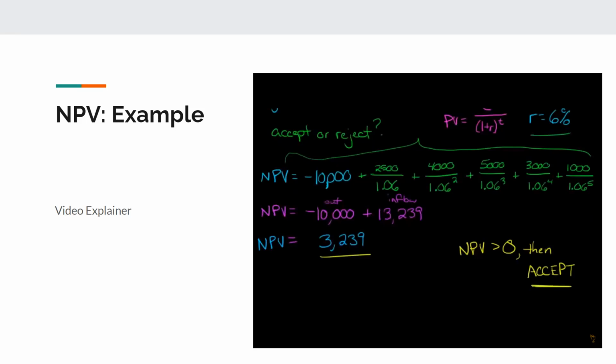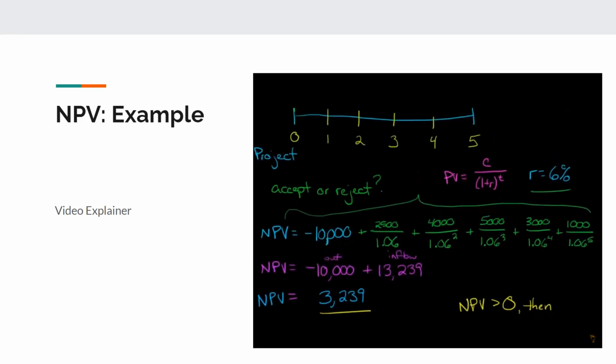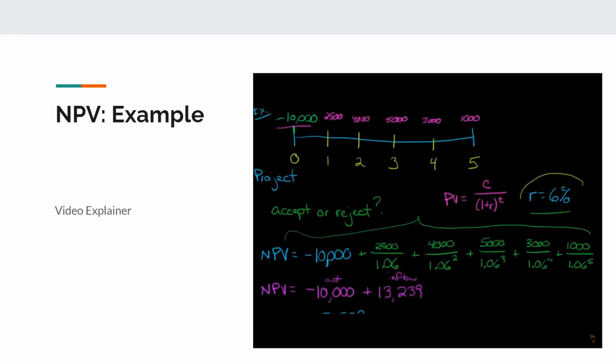Now let's explain this rule in a little more detail. What is this saying if the net present value is greater than 0? Well, remember our discount rate that we chose of 6%? Ultimately, we can view that as an opportunity cost. If we don't invest the money in this project, it could be used somewhere else.